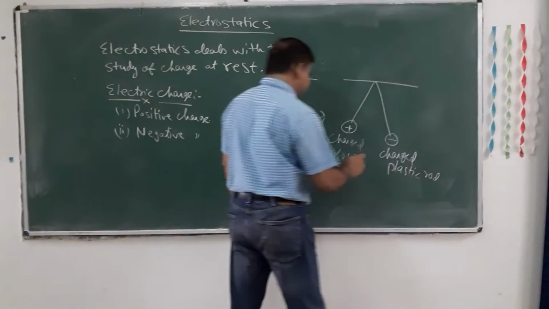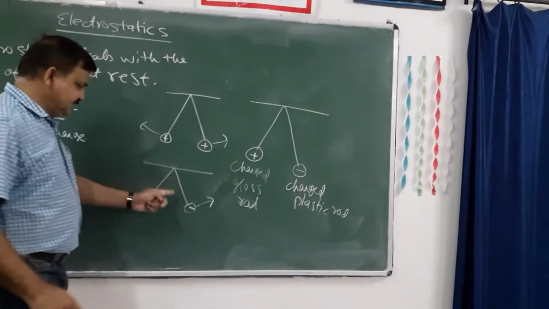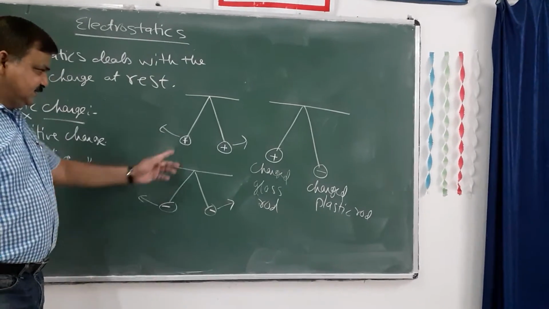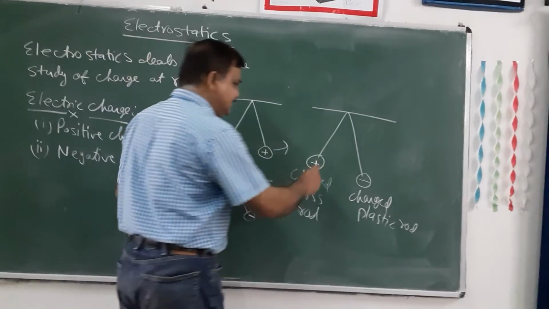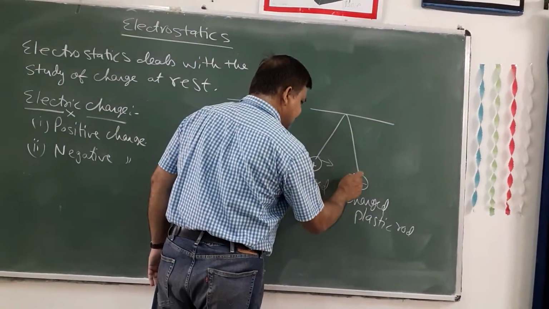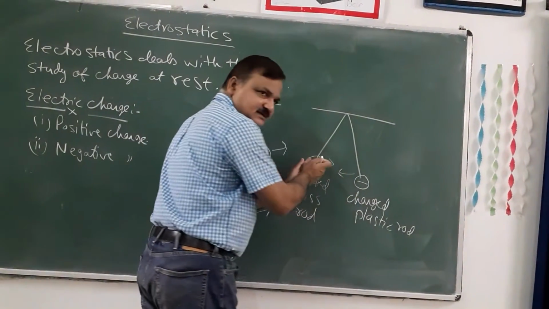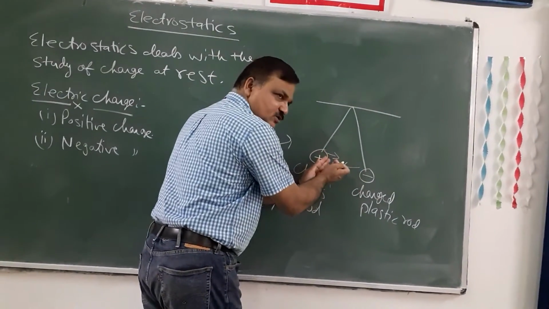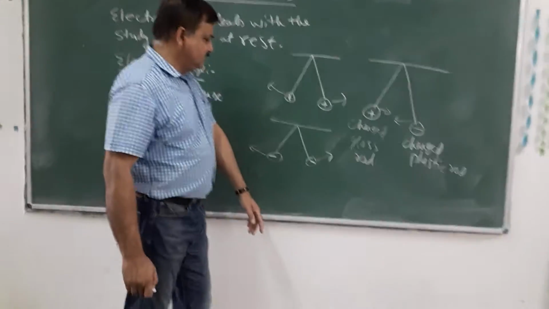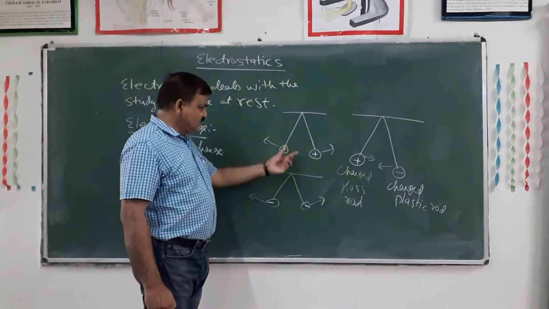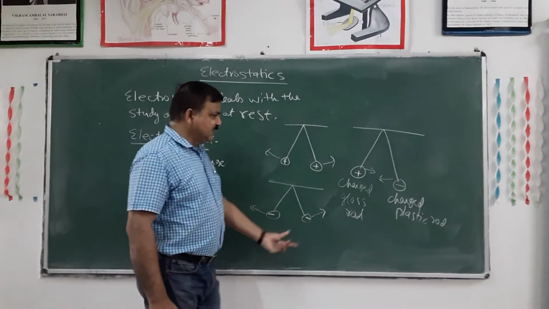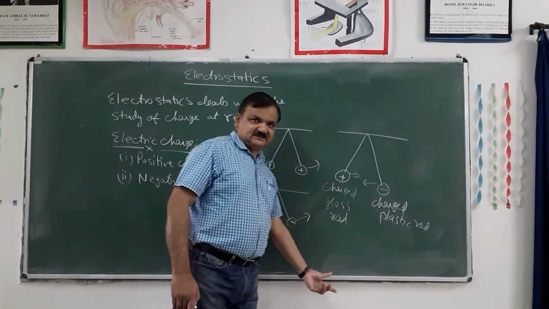It is found that in the first two cases, the charges move apart, but here it is found that these charges get closer. So two names have been given here. One is repulsion, other is attraction.